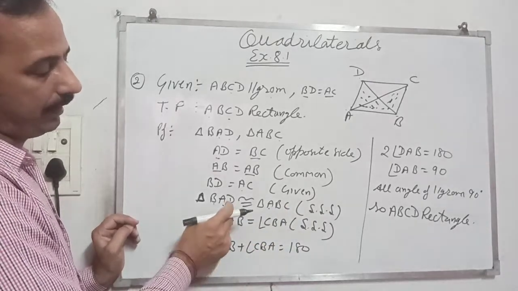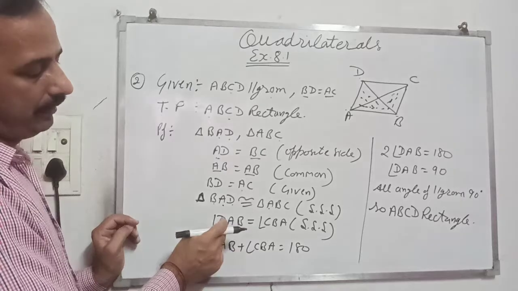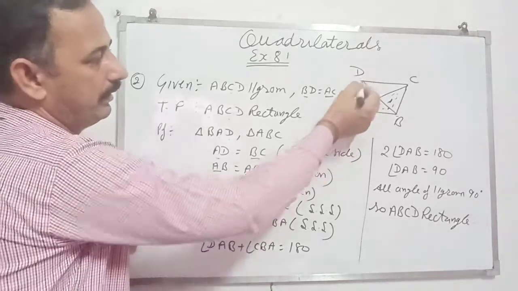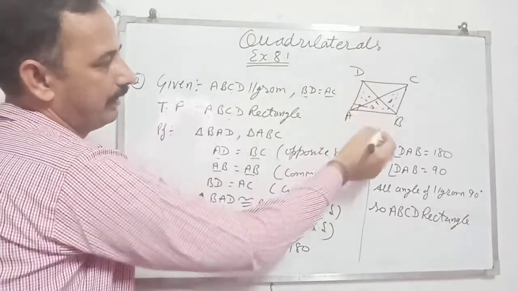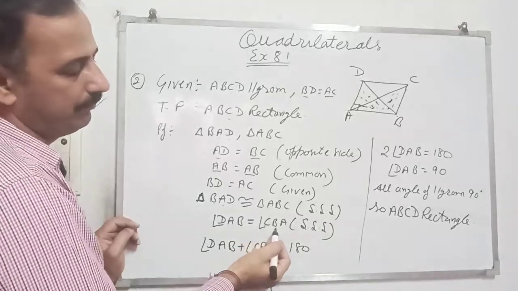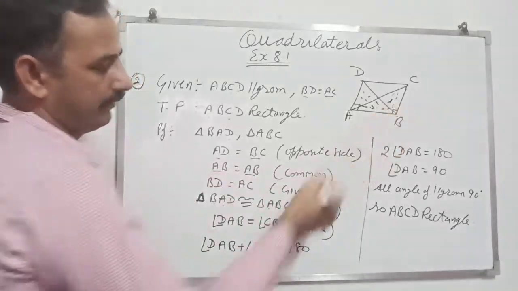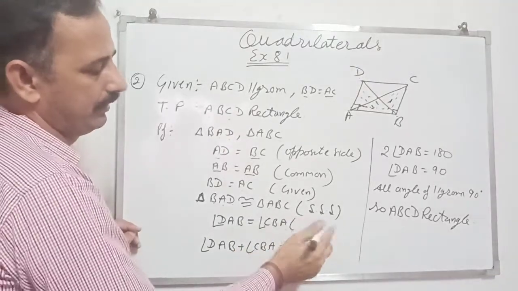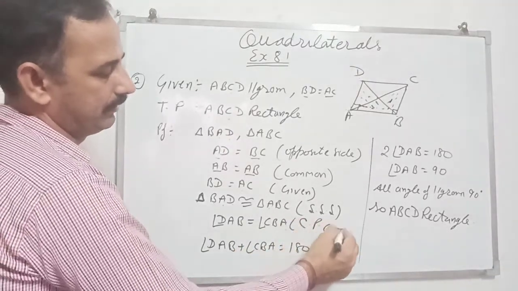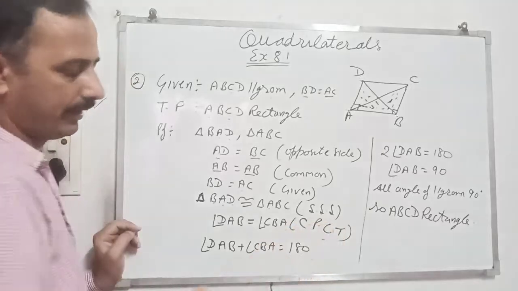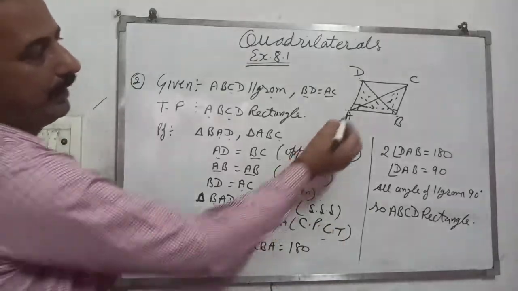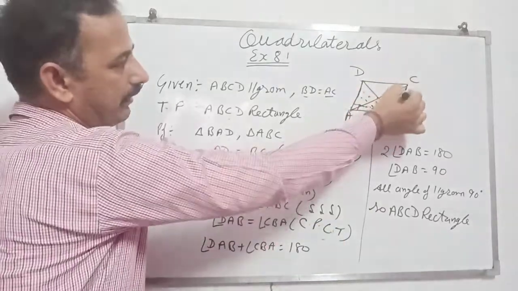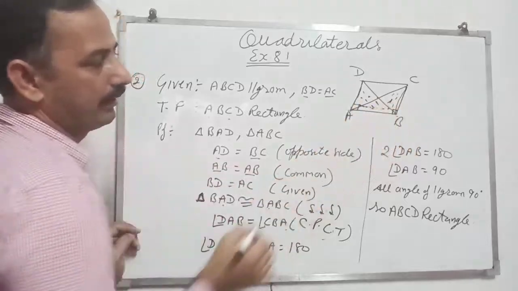So if the triangles are congruent, angle DAB and angle CBA are equal by CPCT, corresponding parts of congruent triangles. But we know that the lines are parallel, so it's a co-interior angle.